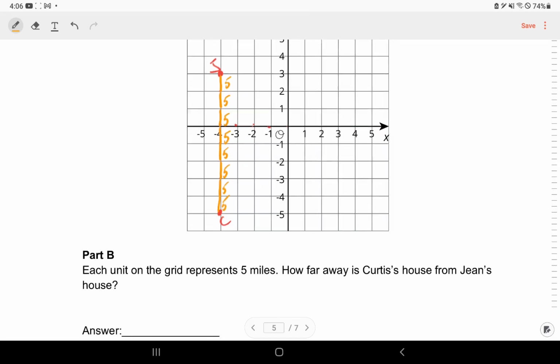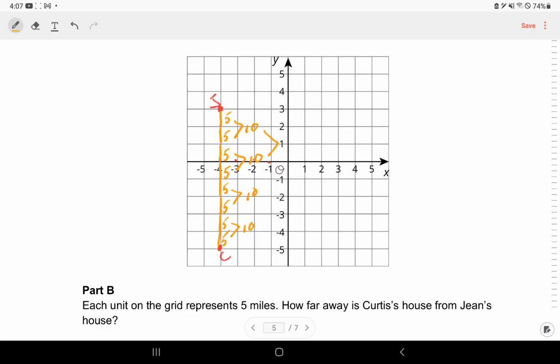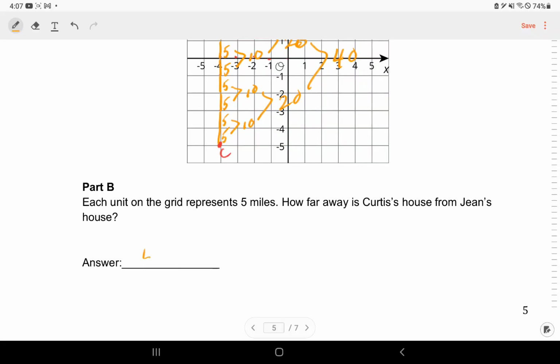So how far away from Curtis's house is Gene's house? Well, 5 and 5 is 10, and so on. 10 and 10 is 20. 20 and 20 is 40. And so 40 miles.